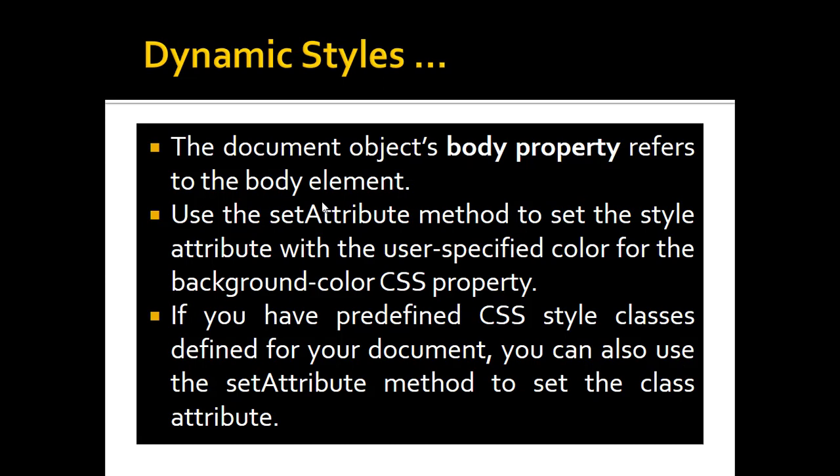If you have predefined CSS style classes defined for your document, you can also use the setAttribute method to set the class attribute. If there is a class of style, we can use this CSS class style to implement a particular style by using JavaScript dynamically.